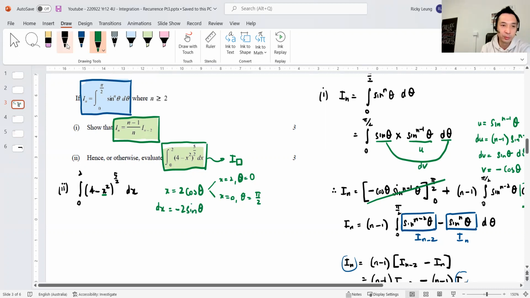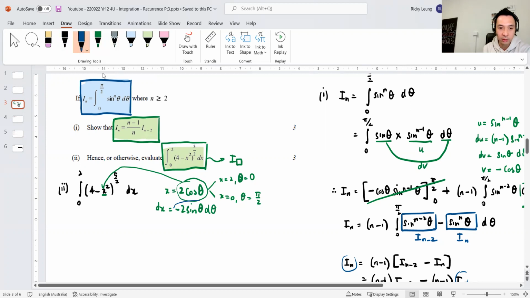So it's a triple sub, isn't it? We're going to sub this into the value of x. Oh, sorry, I didn't have that here yet. d theta.